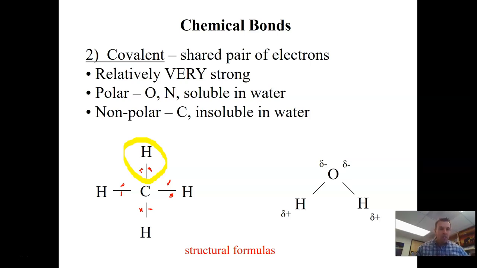But carbon itself actually has 8, because carbon is sharing this hydrogen's electron, this hydrogen's electron, this hydrogen's electron, this hydrogen's electron. Its outer shell now has 8, and that's how this works.